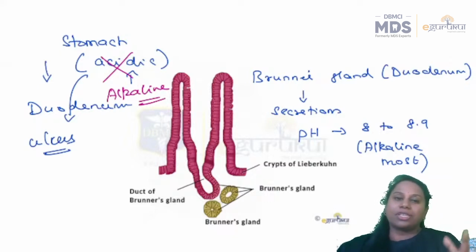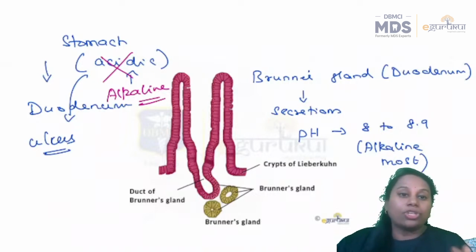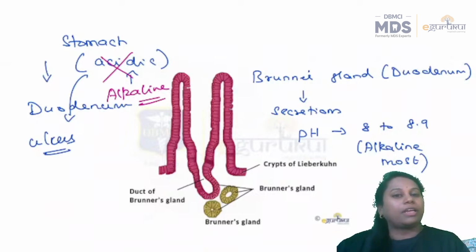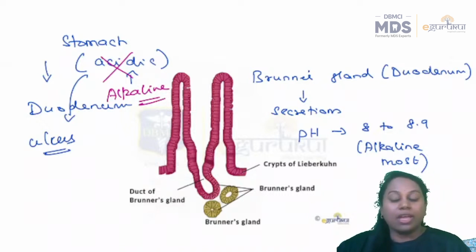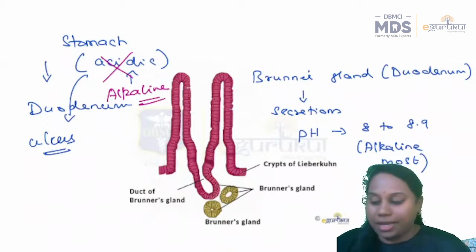If the duodenal secretions are not such alkaline secretions, they will not neutralize the acidic secretion from the stomach. So this acid will result in erosion of the duodenum and therefore recurrent duodenal ulcers. To prevent that only, the duodenum protects itself by producing the most alkaline secretion of the GIT, Brunner's gland secretion, with a pH of 8 to 8.9.